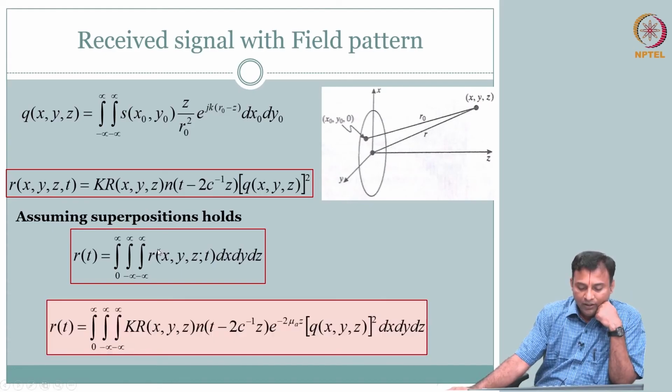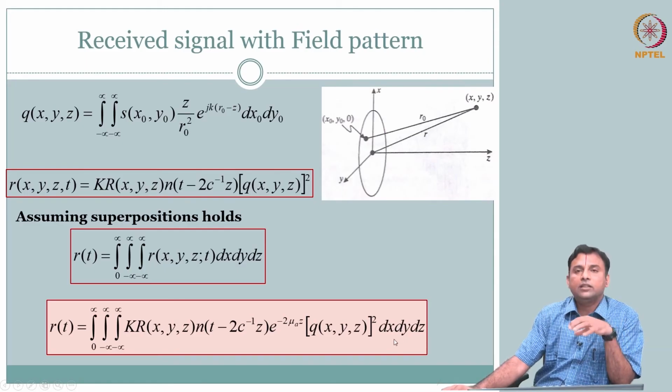Fine. So, we can write your R of t in full form, because I just substituted this small r. This is what you are getting. This is the fundamental signal equation for your ultrasound. Clear? Of course, I have conveniently introduced this term which was not there earlier.